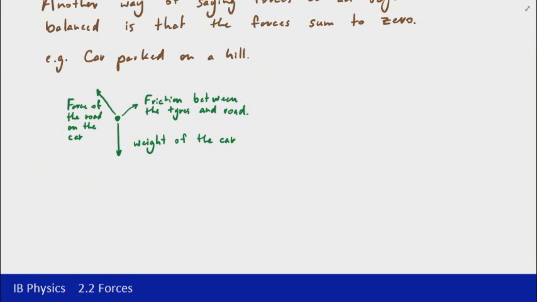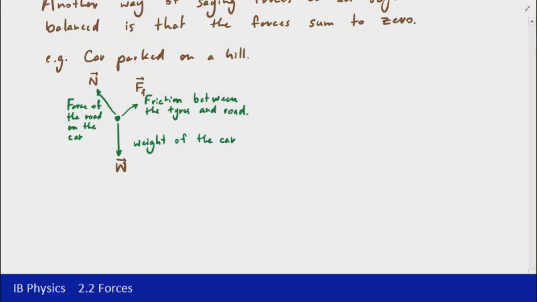With this scenario, rather than using all of these labels, let's consider what quantities we'd use. For the weight of the car, we'd use W. For the force of the road on the car, we'd call that the normal force, so the force that's acting perpendicular to the surface, and the friction between the tyres and the road, we'll just call that the force F. Actually, let's use the subscript F to make it clearer that it's a frictional force.